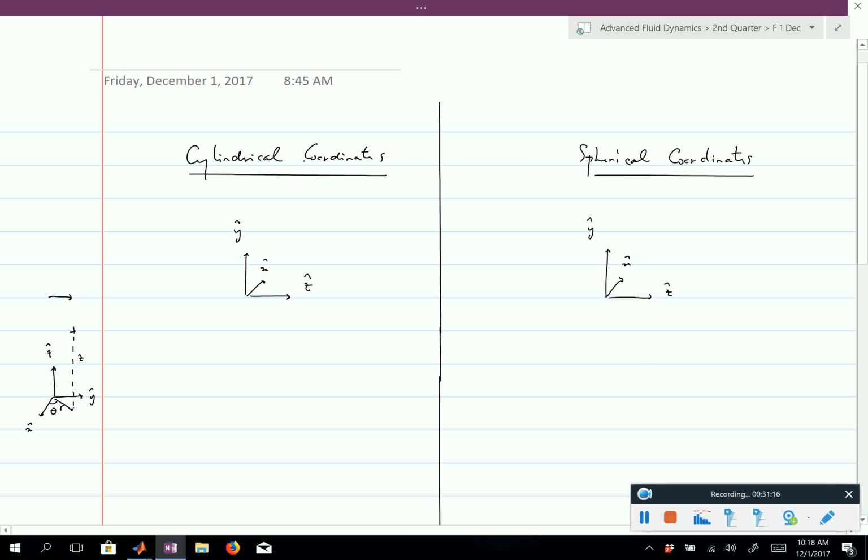So we'll use the same notation. Let me make sure I'm not saying something wrong. Does the book use theta? What did I put? No, actually, this is why I did that, because the book doesn't use theta; it uses phi. So let's make sure we don't make this too confusing. So phi is this angle, and that is r. Yeah.